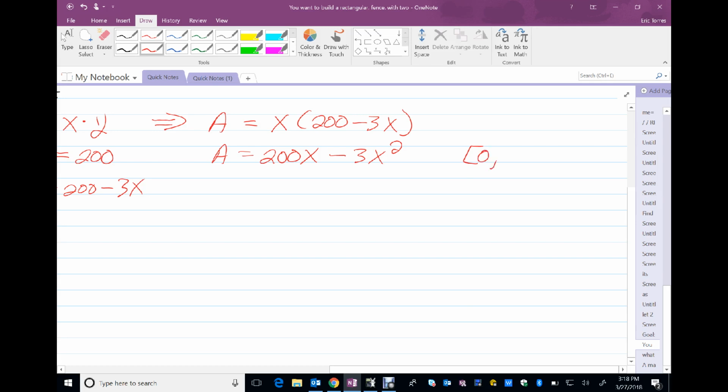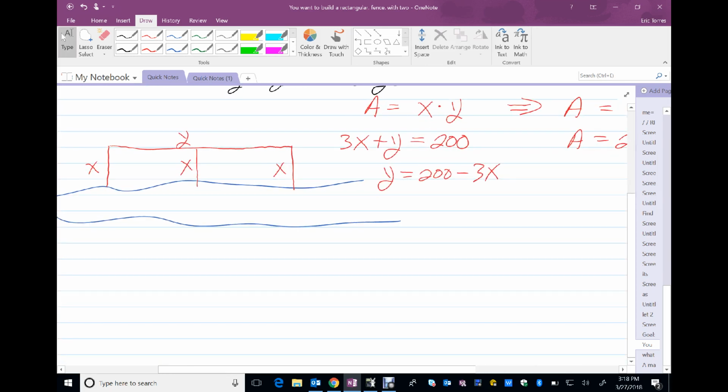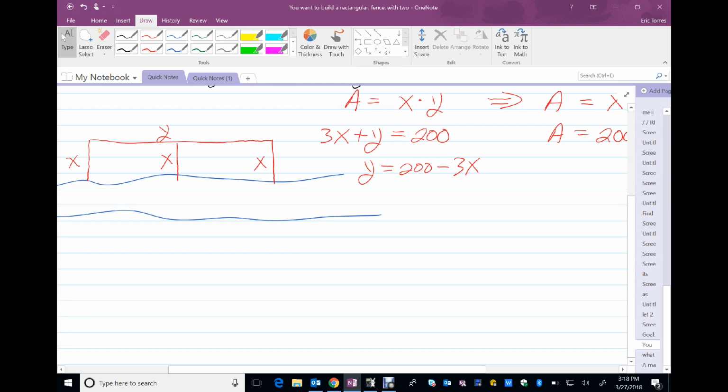I have 200 feet of fence, but x cannot be 200 because every time I'm using one piece of x, I have to use it 2 times again. So for the most, let's assume y is 0, then the most x can be is 200 divided by 3.